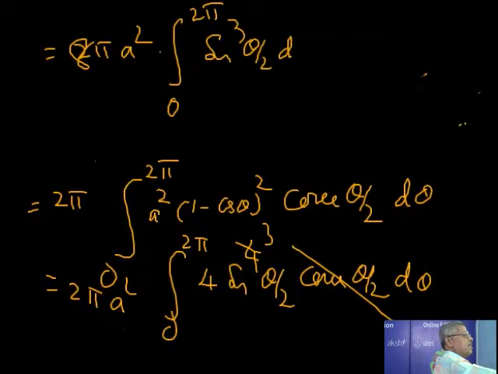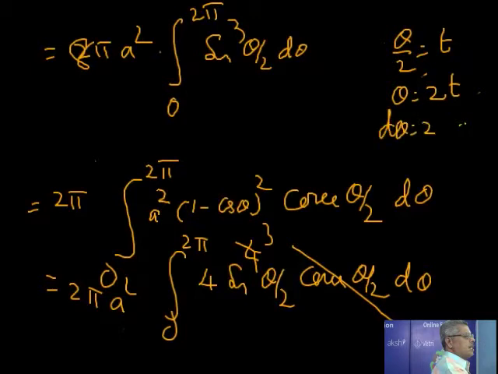I told you the argument cannot be 3 theta, theta by 2, theta by 3, all these things; we cannot apply the reduction formula. For that I am replacing theta by 2 as t. Therefore theta becomes 2t, and d theta becomes 2 dt. Taking the differentials, now you can change the limits.